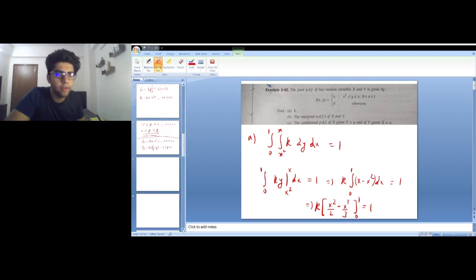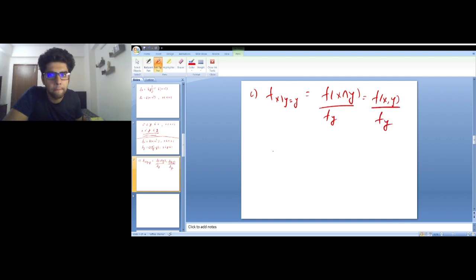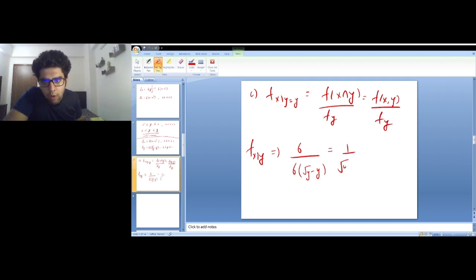So conditional PDF of x given y, f of x given y is equal to, and the formula for this says that f of x intersection y comma f of y, or I can say that f of x comma y upon f of y, which means f of x given y is equal to f of x comma y was 6 upon f of y was 6 root y minus y, which gives me 1 upon root y minus y, where my x lies between 0 and 1.